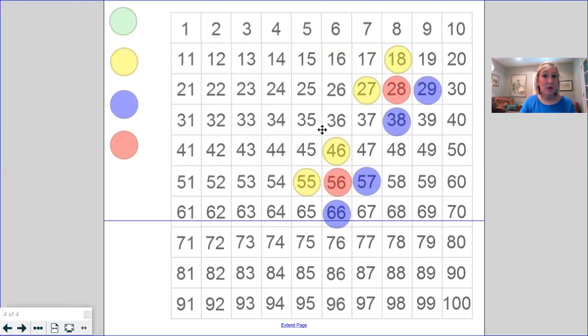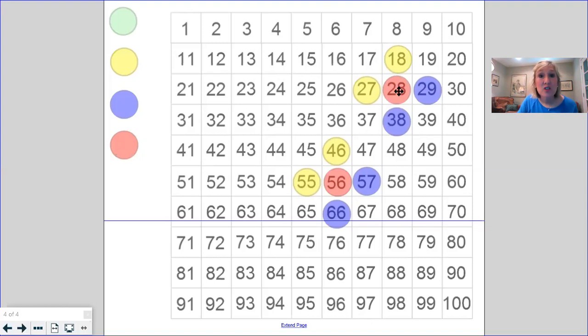Now, this can help you when you're adding, because what if I had 28 and I wanted to add on 2 more? What is 2 more? Well, all I have to do is start on 28 and move 1, 2. 2 more than 28 would be 30.